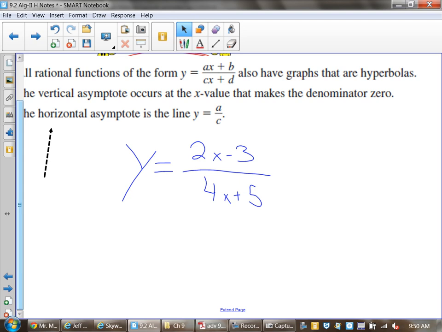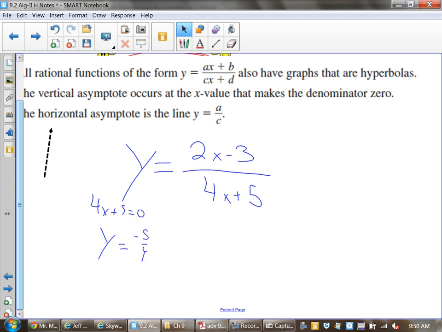To solve for the 0 of the denominator, all I have to do is set 4x plus 5 equal to 0. And what do you get? Negative 5/4.